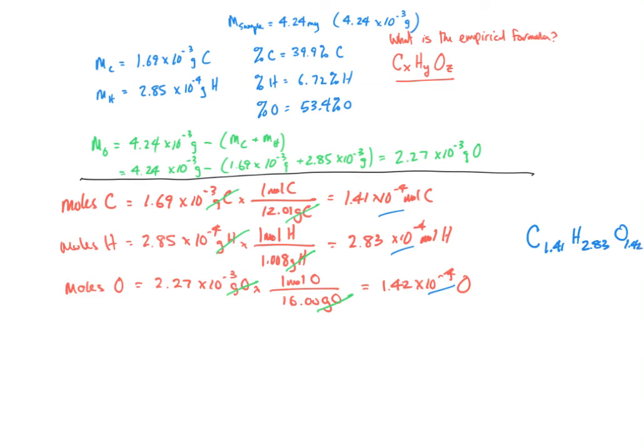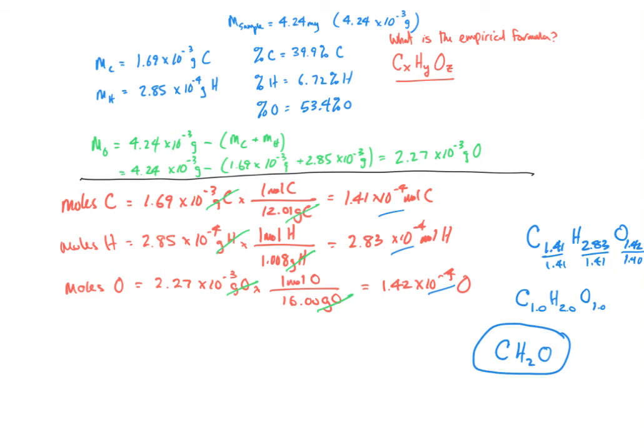Our trick to doing this is we look for the smallest number and divide each one by the same thing. In this case it is 1.41. And if we go to 2 sig figs, this is going to be C 1.0, H 2.0, and O 1.0. In other words, the empirical formula is CH2O for this unknown compound.